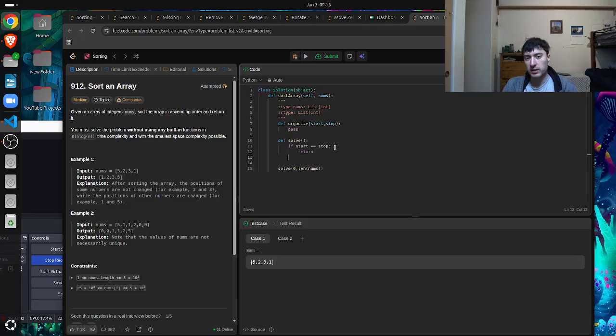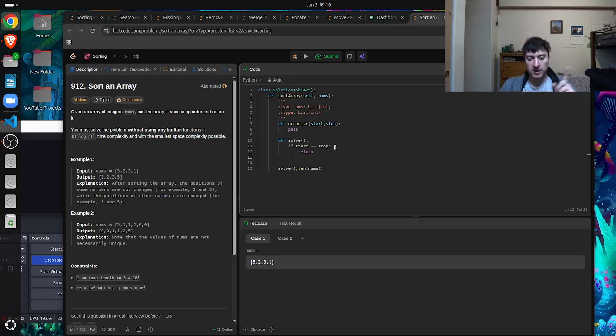So if we are not at the same pointer index, we're going to be going like this, and then like this, and then here, okay? And we'll do that recursively for every single element. It stops when it hits its base of that singular element.